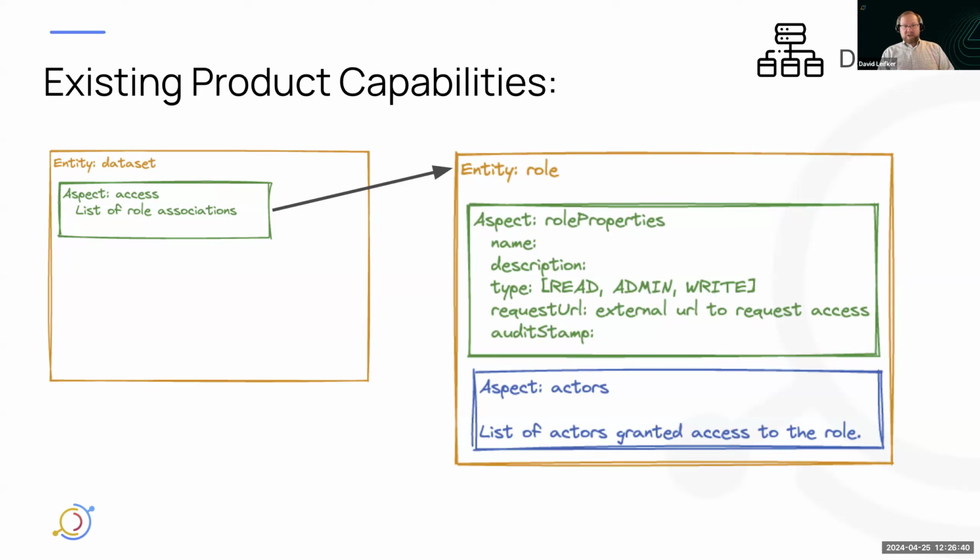As part of that role, you get to name the role, add a description, and add a little bit of information about whether it's a read, admin, or write level access request, and then the external URL that is exposed in the UI, so you can go and request access through that external system. And then we also have a list of the actors, the DataHub identities that have been granted access to that role. Go ahead, next.